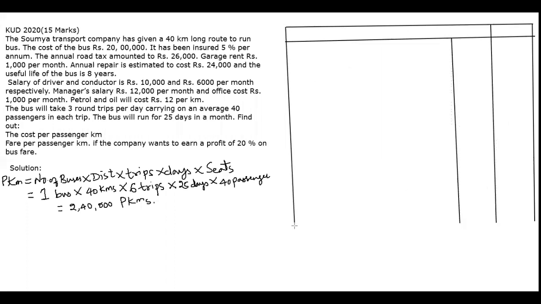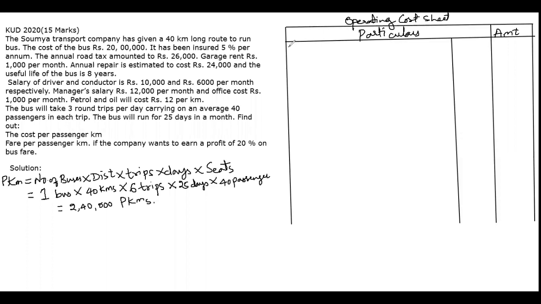Now let's do it fast. This is operating cost sheet, this is particulars, and this is amount in rupees. Okay, let's take down one by one.